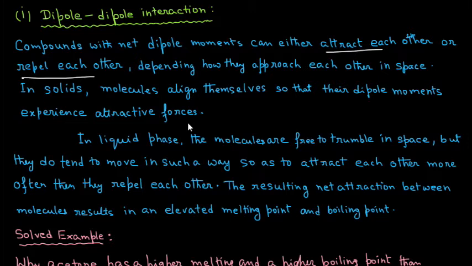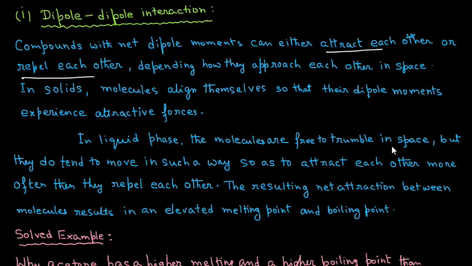So in a solid, molecules are aligned in such a way that they experience an attractive force between themselves. So they are tightly packed, so they are solid. In the liquid phase, the molecules are free to tremble in space, but they are not so free to move far away from each other.